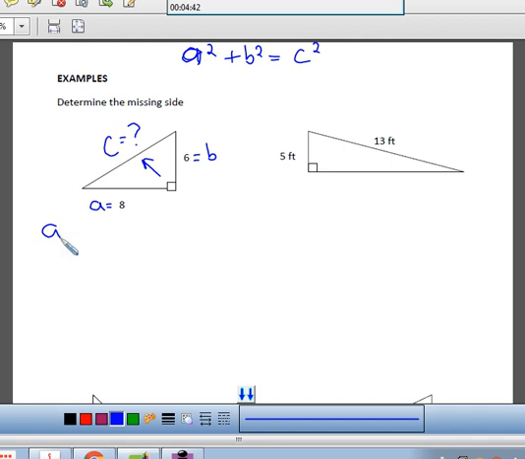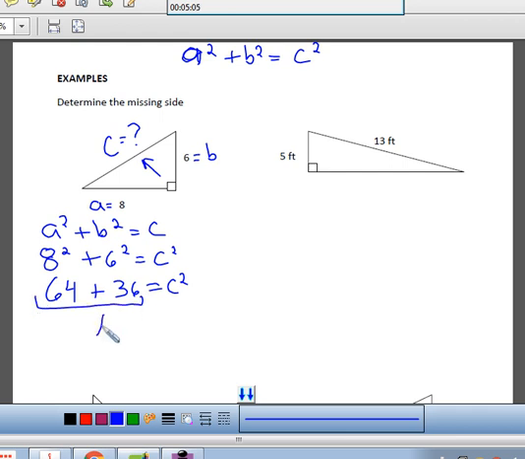So we're going to do A squared plus B squared equals C squared. I'll plug in 8, I'll plug in 6, and C we still don't know. Now we have to square them. 8 squared is 64. 6 squared is 36.